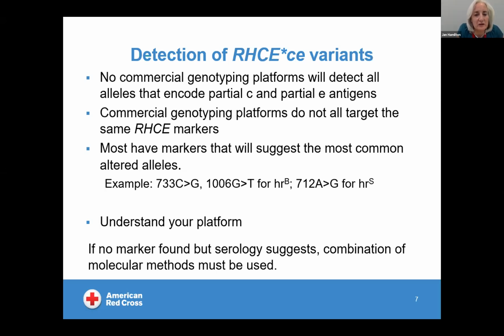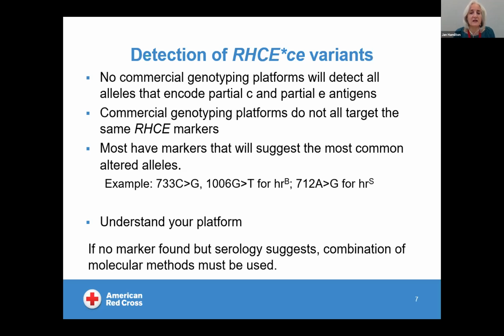The commercial genotyping platforms don't all target the same Rhce markers. They come at what they're looking for possibly different ways when they have designed their tests. And again, these are low resolution, just looking for potential SNPs, certain places in the gene where it might give an idea that the donor, or the person being interrogated, carries a variant allele.